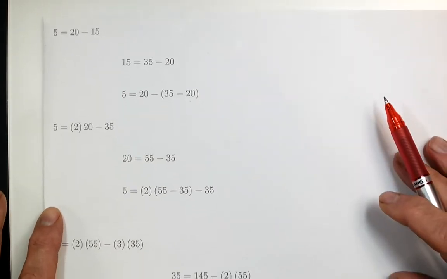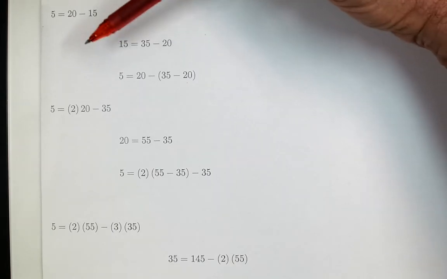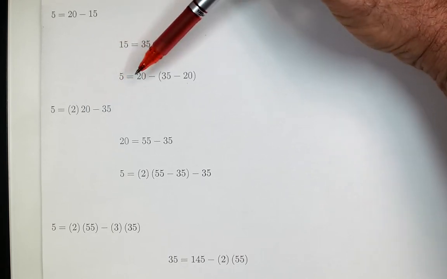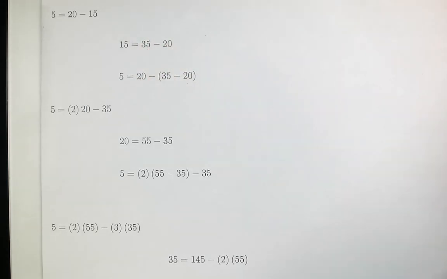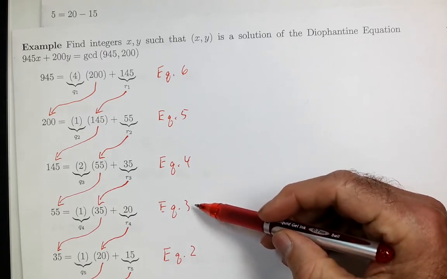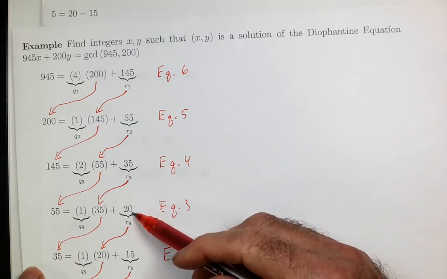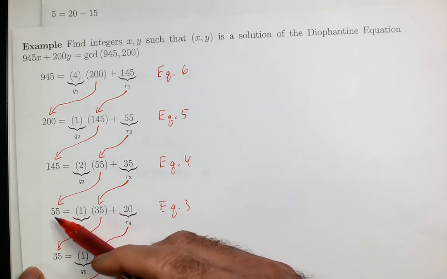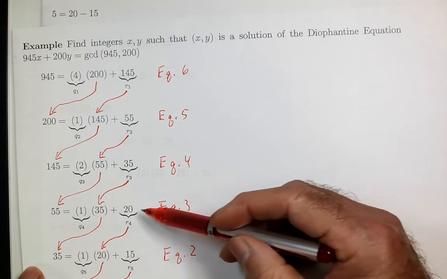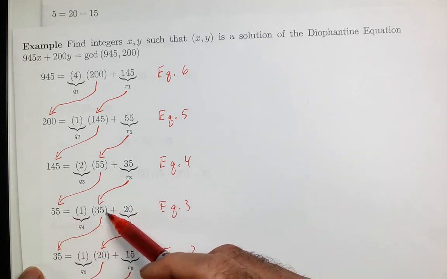So now we move up to equation 3 to express the smaller of the two divisors, 20, in terms of its two immediate predecessors. So we go to equation 3, right here, and our goal is to take 20 and express it in terms of its two immediate predecessors, 35 and 55. So we can express 20 as 20 equals 55 minus 35.